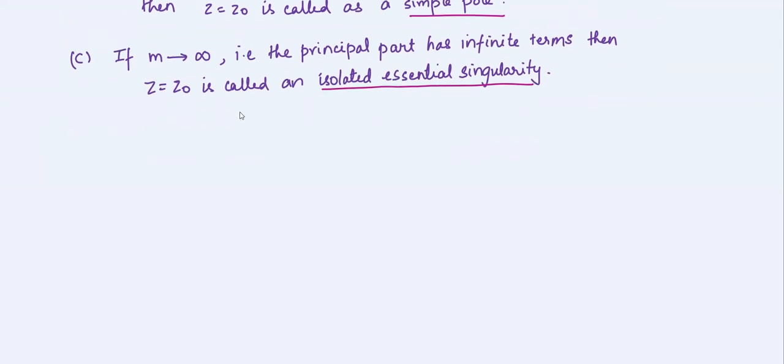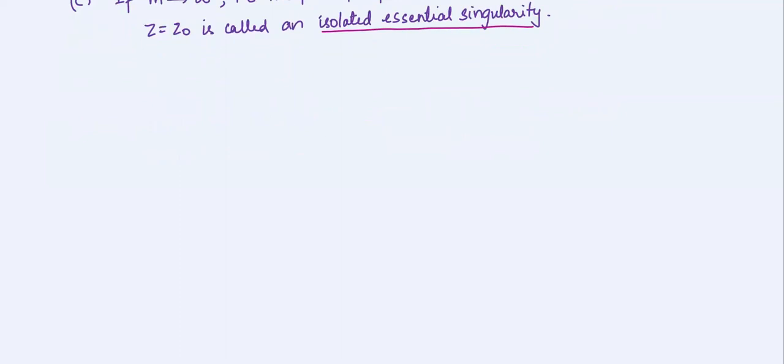Okay, so let's look at the examples. The first one, f of z is equal to 1 upon z into z minus 2 whole power 5 plus 3 upon z minus 2 whole square.